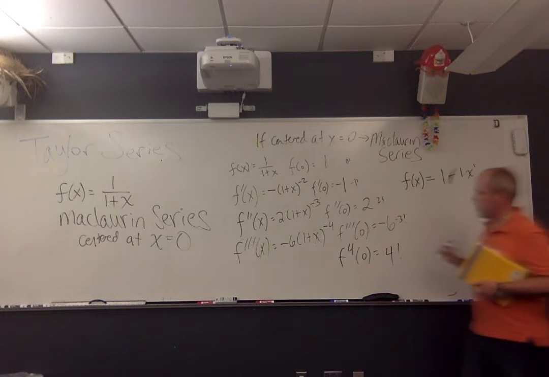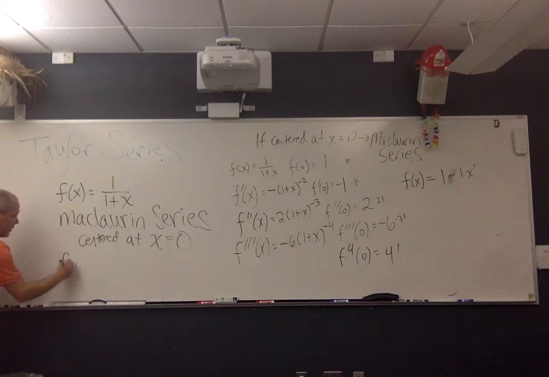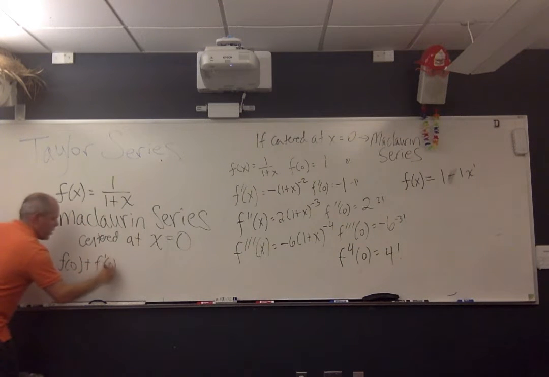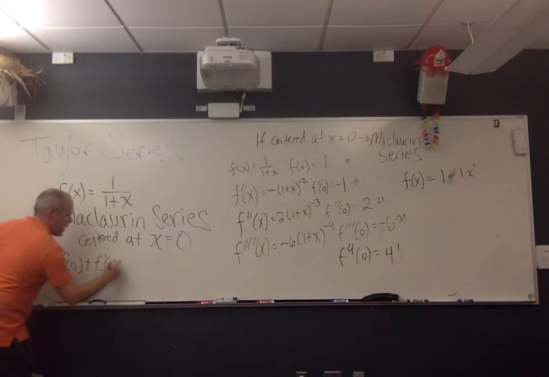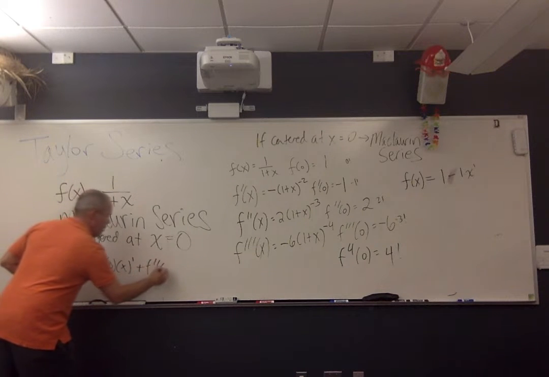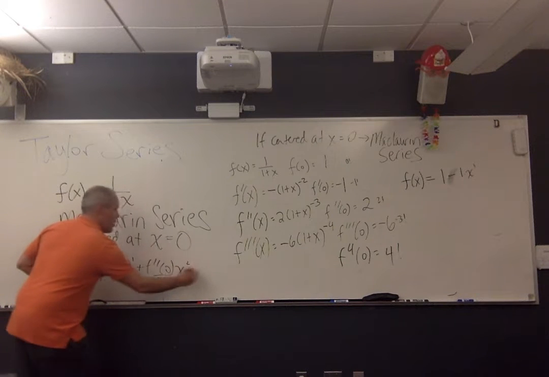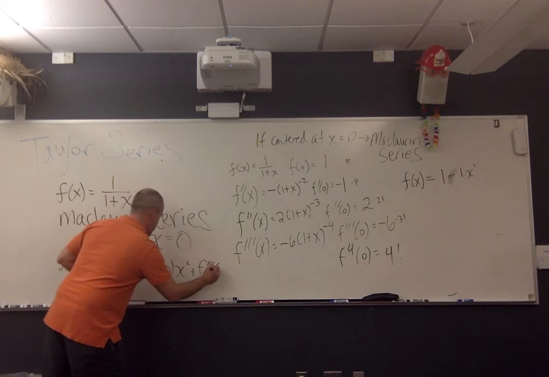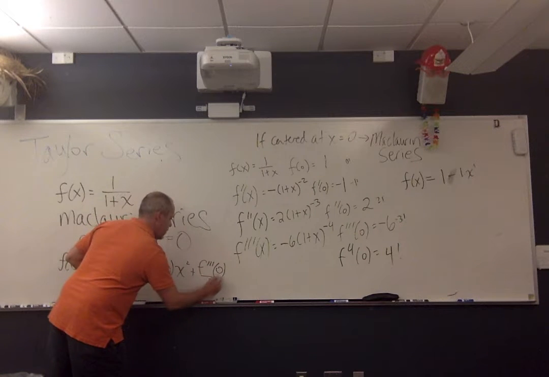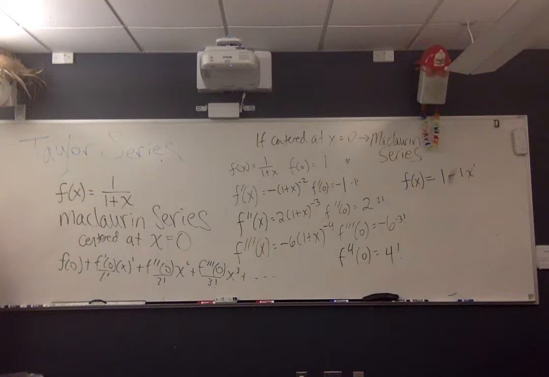So again, our Taylor series, our Maclaurin series, would be f of 0 plus f prime of 0 over 1 factorial times x to the first, plus the second derivative of 0 divided by 2 factorial times x squared, plus the third derivative of 0 over 3 factorial x cubed, etc. Right, so that's what we're doing right now, yes?